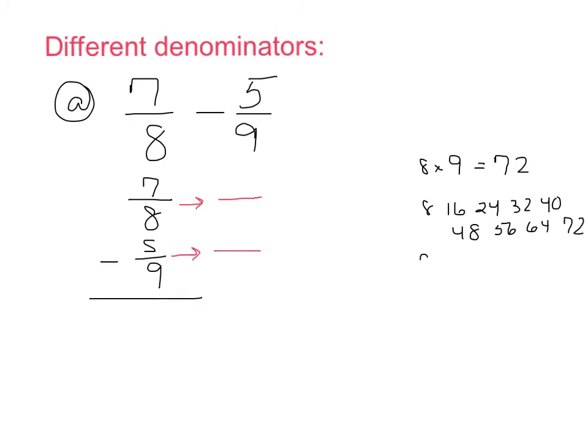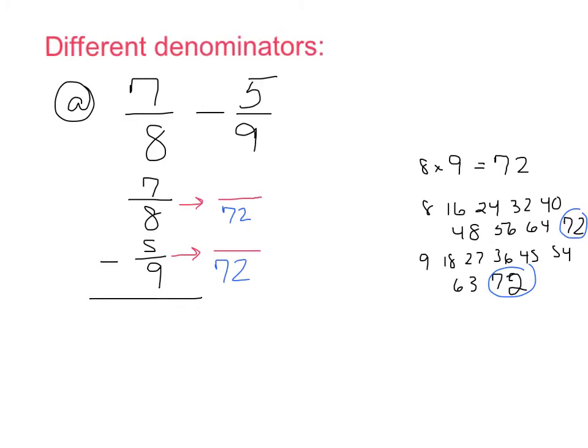And then do the same thing with 9: 9, 18, 27, 36, 45, 54, 63, 72. So 72 would be my least common multiple. It's the first number they both have in common. So that becomes my new denominator.